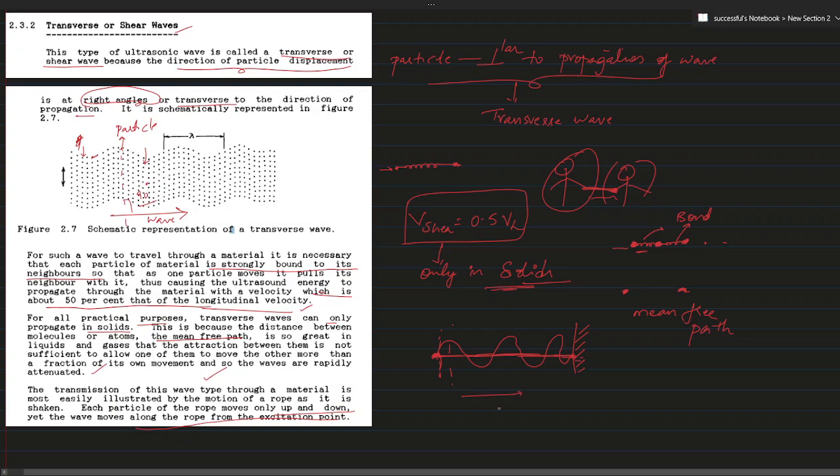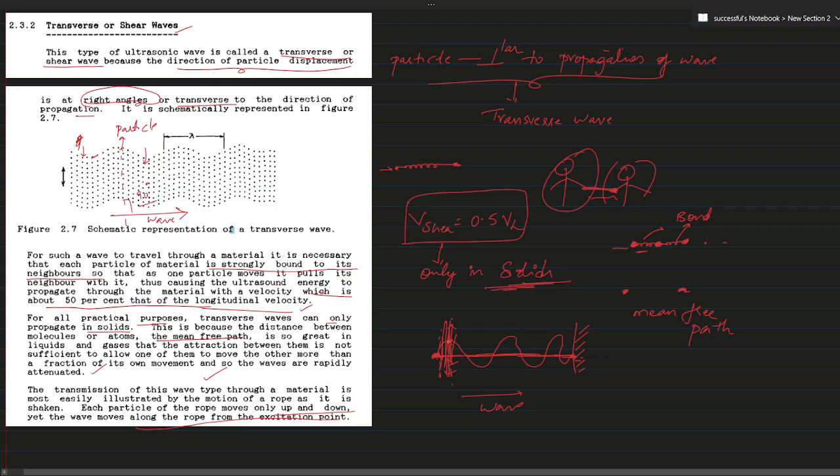The wave is going forward, but this particle moves up, and the next moment it comes down, then moves up and comes down again. So particle movement is in the direction perpendicular to the propagation of the wave, and the particle is not moving forward. It is only moving up and down. You understand? Why only solids?